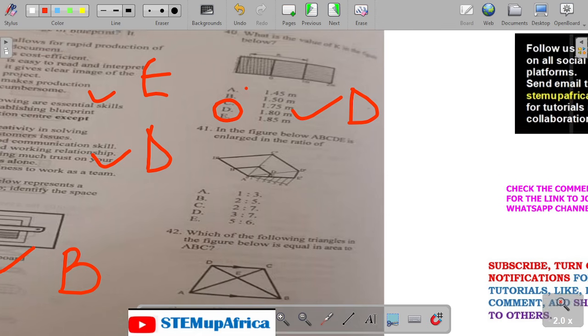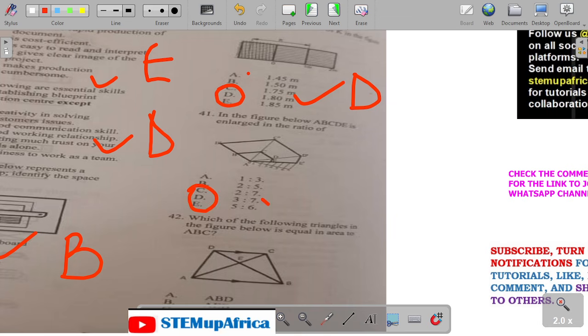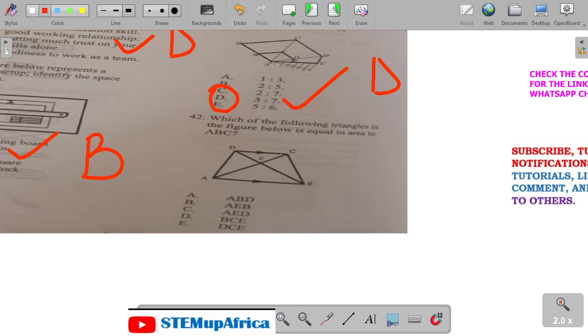So it's a 3 ratio 7 enlargement, which is D. Then 42. So which of the following triangles in the figure below is equal in area to ABC? This is equivalent area. So ABC, which is this, should be equal to ADB, or ABD, which is A.